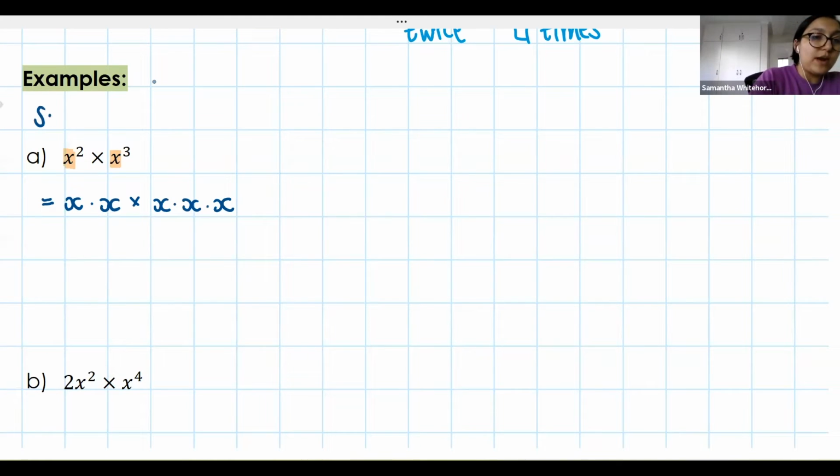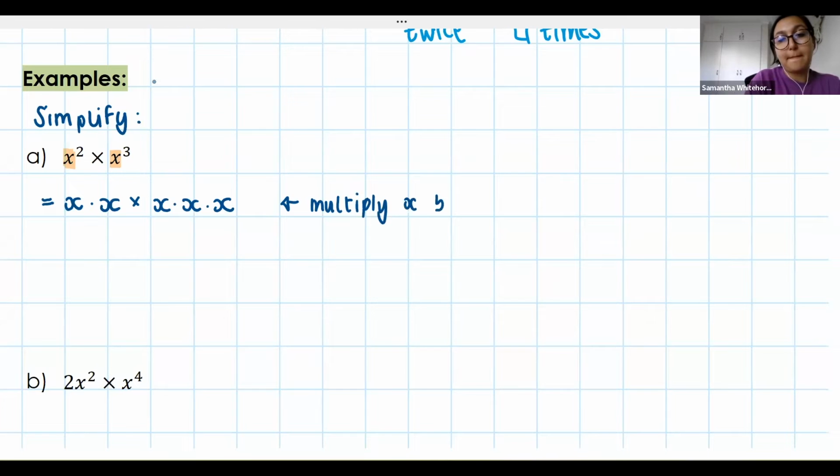So when I'm wanting to simplify exponential expressions, what I'm wanting to do is combine all the same bases together with one exponent. And so this clearly tells me that I am multiplying x 5 times. My final simplified answer needs to reflect that, so we would have x to the power 5 to explain that we're multiplying x 5 times.